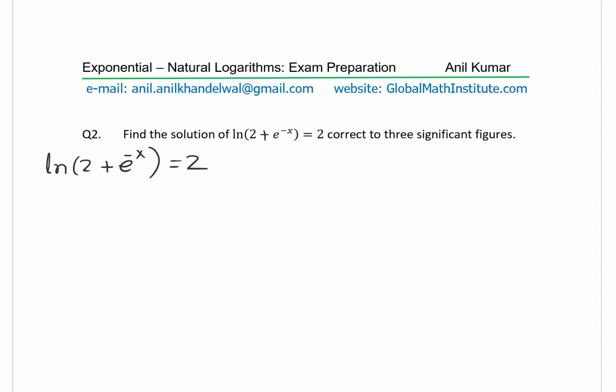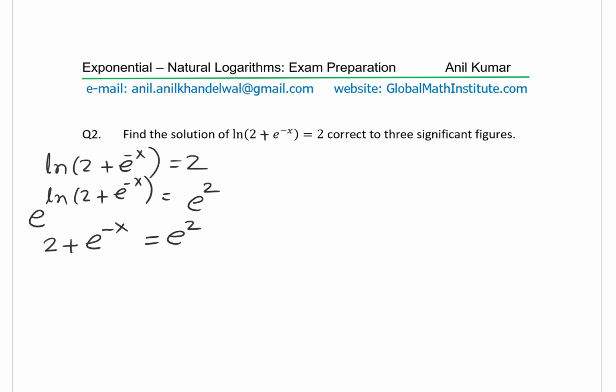Now to solve this, we'll take e to the power on both the sides. So we get e to the power of ln(2 plus e to the power of minus x) equals e squared. Ln and e are inverse of one another, so we get 2 plus e to the power of minus x equals e squared.